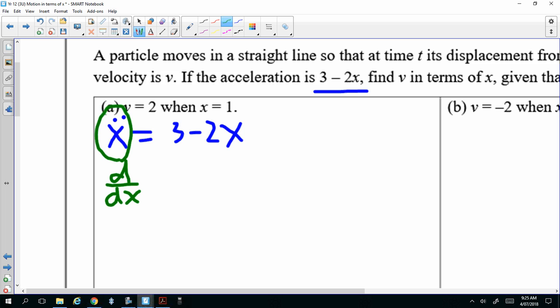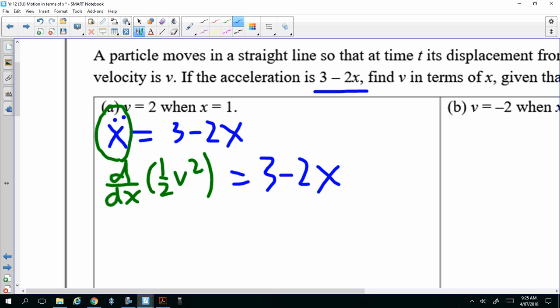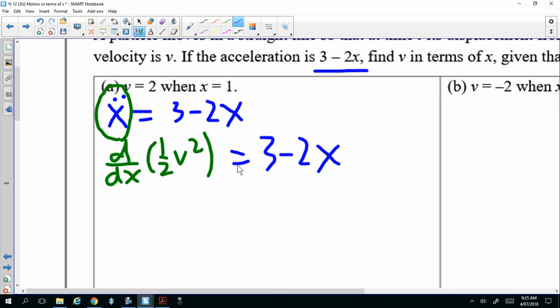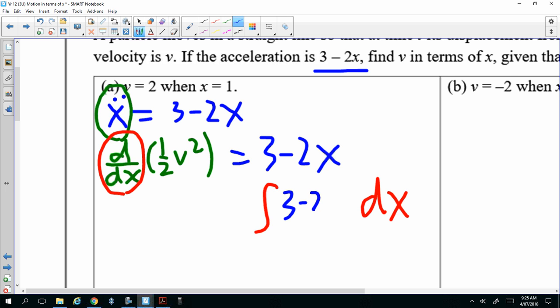So you get 3 minus 2x. So your first step is to change the acceleration using the formula we just learned, d over dx half v squared. And why do we do this? Because to remove the d over dx, we can integrate with respect to x. And when we integrate with respect to x, my result is half v squared. Not v, it's half v squared when we integrate the acceleration with respect to x.